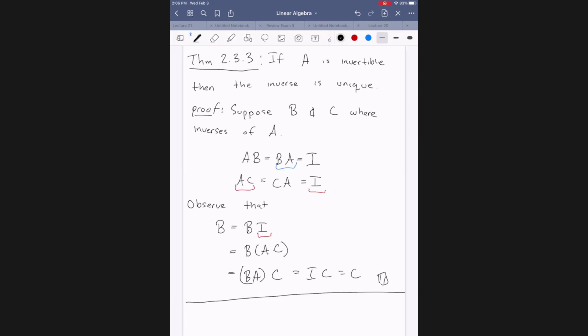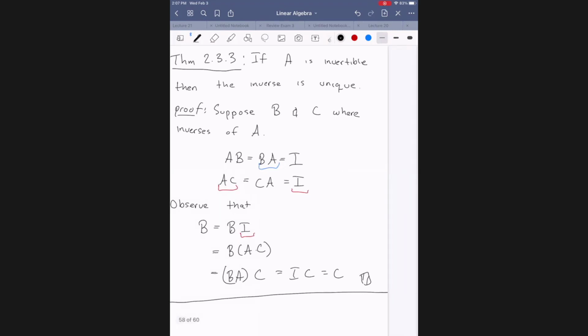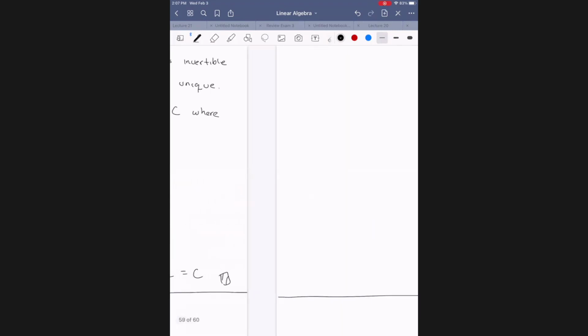Okay, so these next ones I won't prove, but again, I just want to get you guys used to seeing these things and how the logic works. But all that tells us is that the inverse is unique. So the next one. Okay, and then we're going to discuss three last properties for inverses.